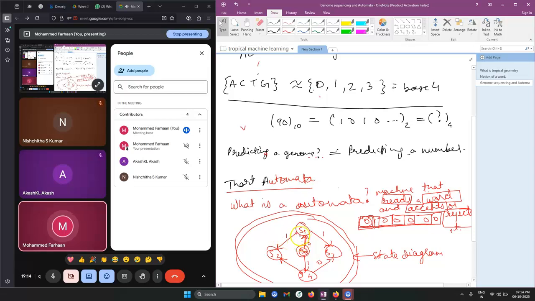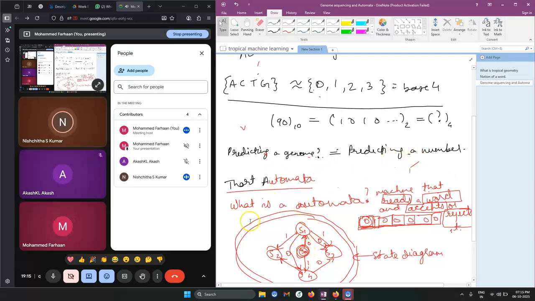So you guys can go ahead and unmute. Okay, go ahead. So I'm starting at state 0, which is at the center over here. I read 0. Where do I go first? To S1 state. Yeah, that's right.